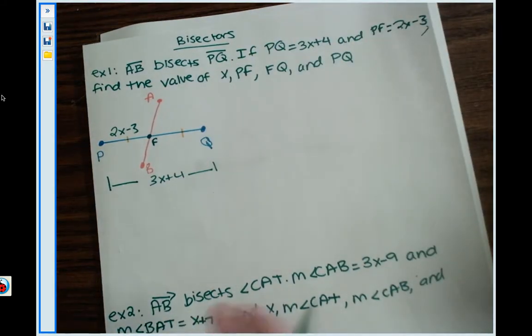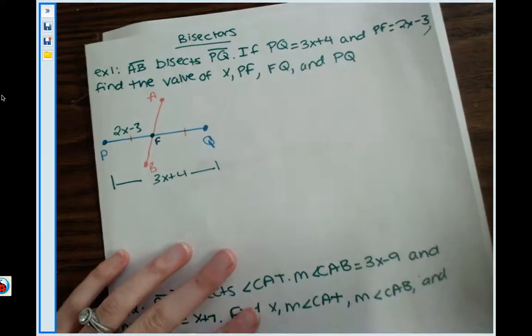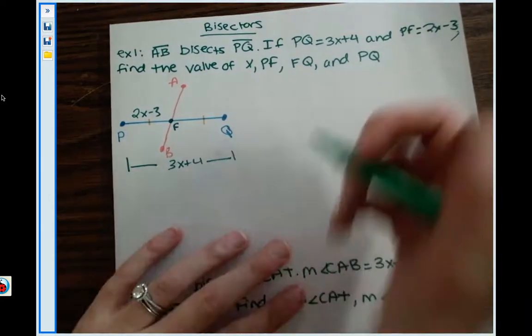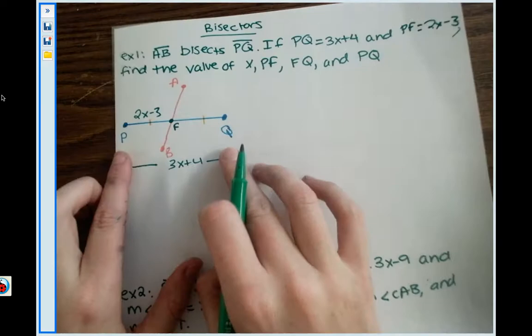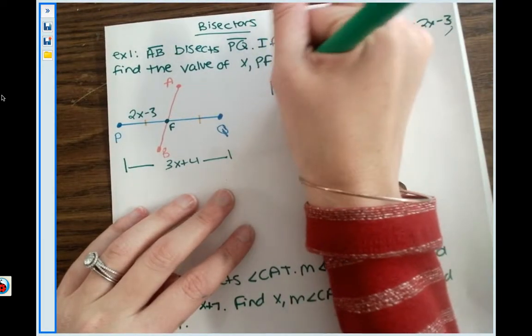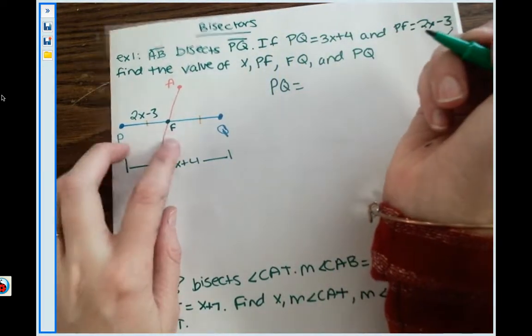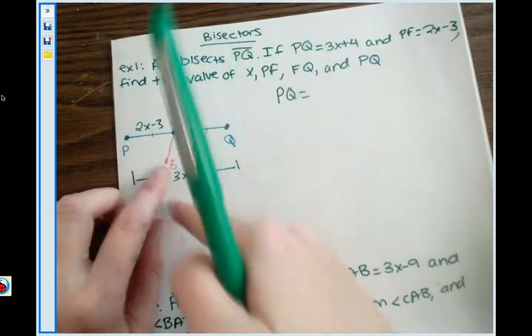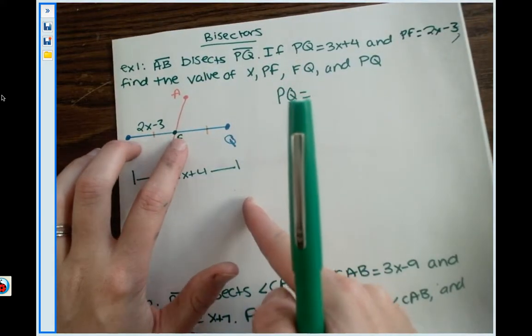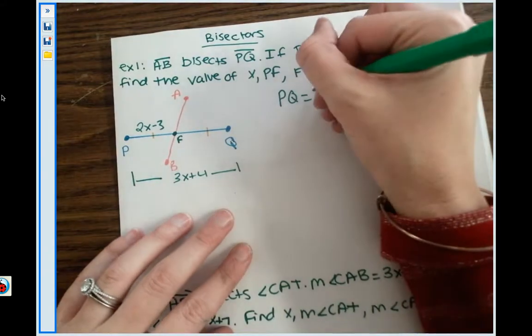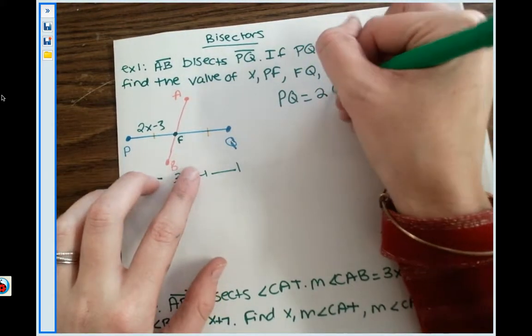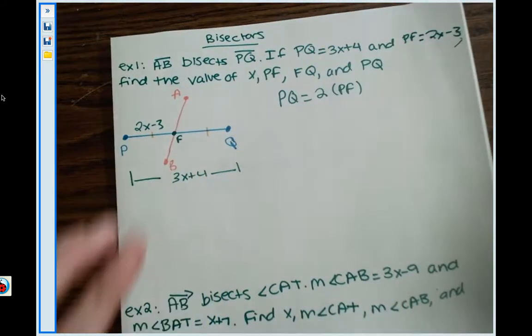Now the way that I'm going to choose to solve it, which you don't have to do this way, is this. I know that PQ, my big segment, if I double one of my smaller pieces, I should get the length of the whole thing, since this piece is half the size of this piece. So if I double the length of PF, I should get the length of PQ.